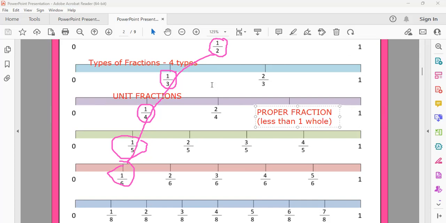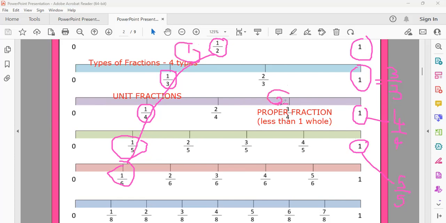So this gives us the third type, the whole fraction. The 1 here is 3/3, a whole fraction. The 1 here is 4/4, a complete fraction. The 1 here is 5/5. Understood?